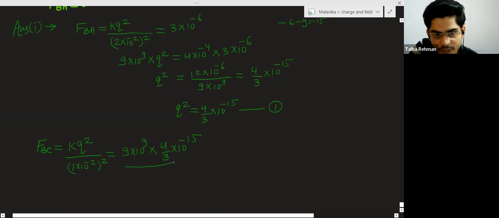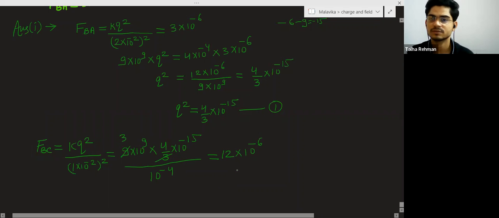And again we are having this. This will be 10 to the power minus. So we can solve this. This 3 cancels out, and this will become 4 3s are 12 into 10 to the power 9. This will become 10 to the power minus 6. Do you know these types of calculations, power calculations?